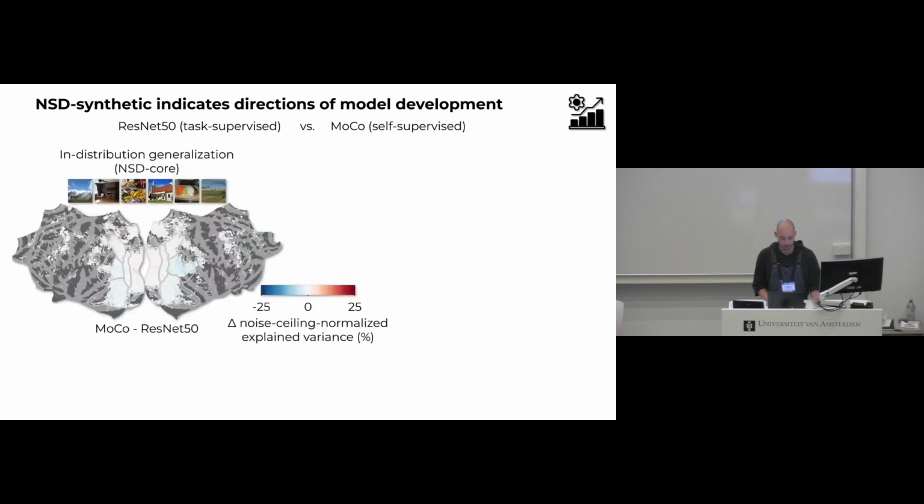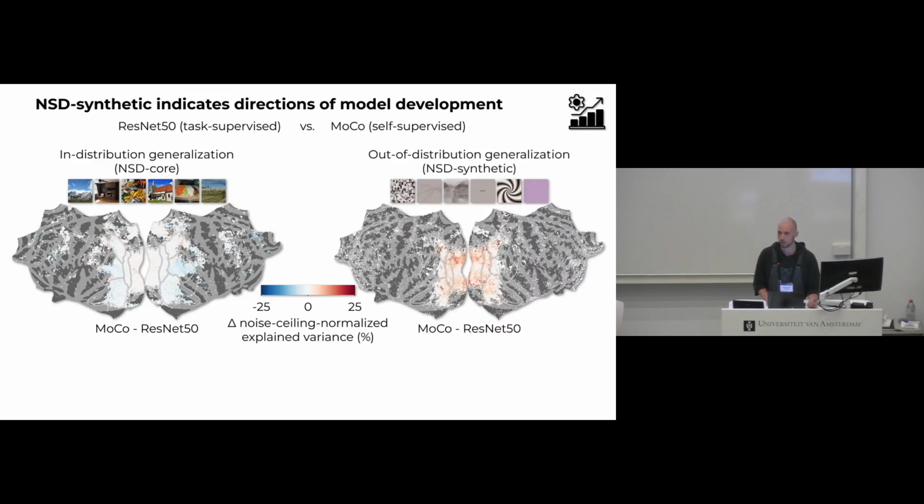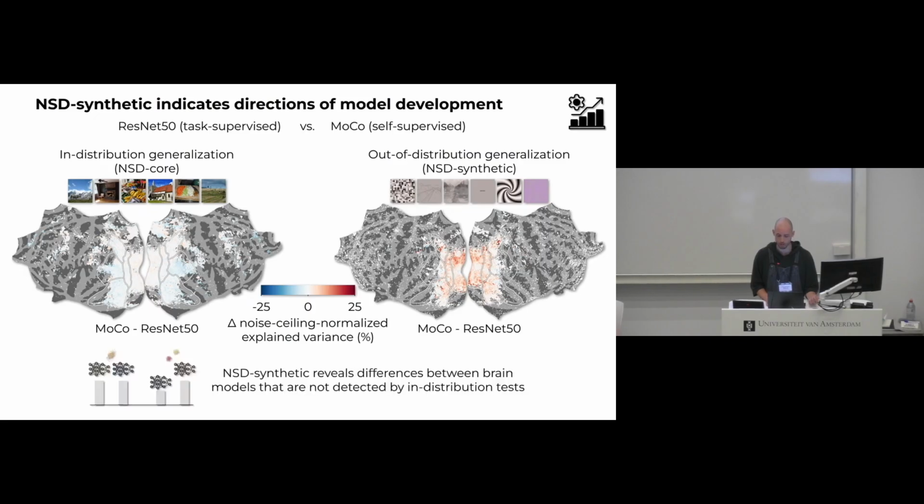When tested in distribution, ResNet 50 slightly outperforms MoCo in higher level visual areas, here in light blue, and MoCo slightly outperforms ResNet 50 in lower level visual areas, here in light red. And instead, when tested out of distribution, MoCo largely outperforms ResNet 50 in both lower and higher level visual areas, which provides a proof of principle that out-of-distribution generalization tests on NSD synthetic reveal differences between models which are not detected in distribution.